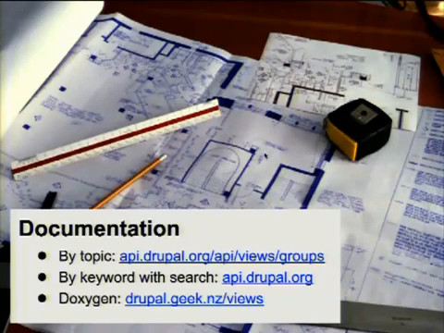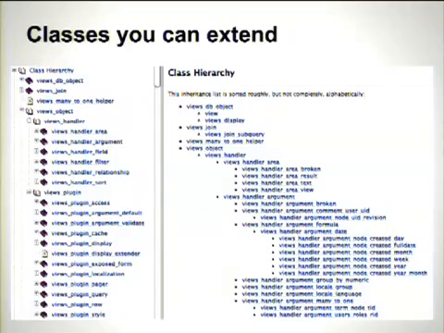I prefer the Doxygen documentation sometimes, depending on what I'm looking for. One thing I like about it is its presentation of the classes and the relationships between them, the class hierarchy in particular. It has this fantastic navigable tree, so you can see exactly which class is inheriting from which other class.